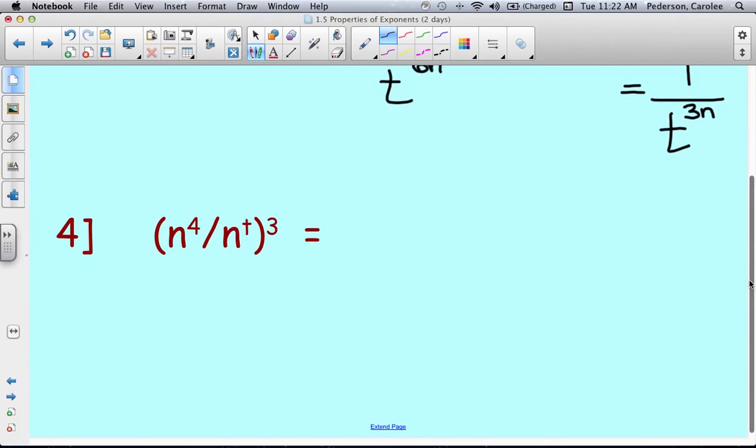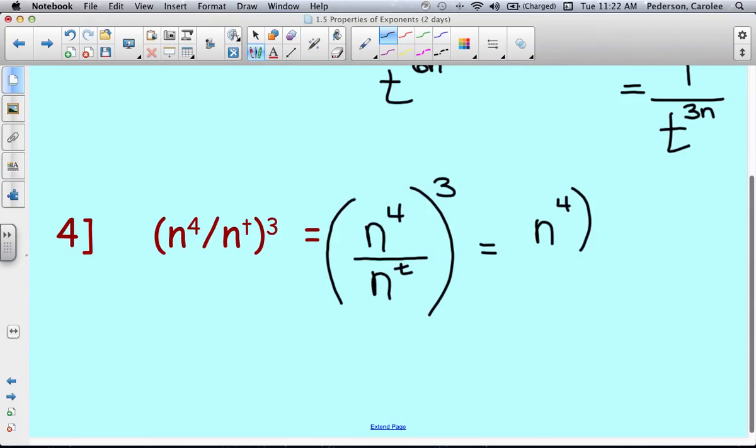Example 4. n to the 4th divided by n to the 2nd, all raised to the 3rd. This is what we call the power to the power rule. We can distribute that 3 into both pieces of the fraction. So it's n to the 4th raised to the 3rd over n to the 2nd raised to the 3rd.